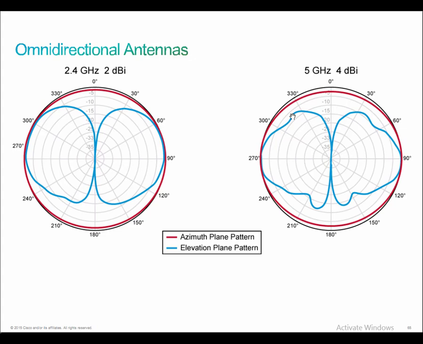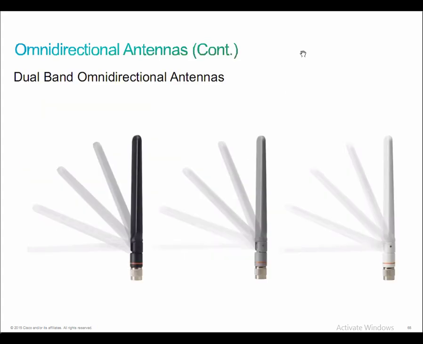So there are some examples of different omnidirectional antennas here. I'm sure you guys have seen these many, many times. You will note that there are dots on these antennas. The dots indicate whether it's a 5 gigahertz antenna or a 2.4 gigahertz antenna. The gold ring typically means dual band.